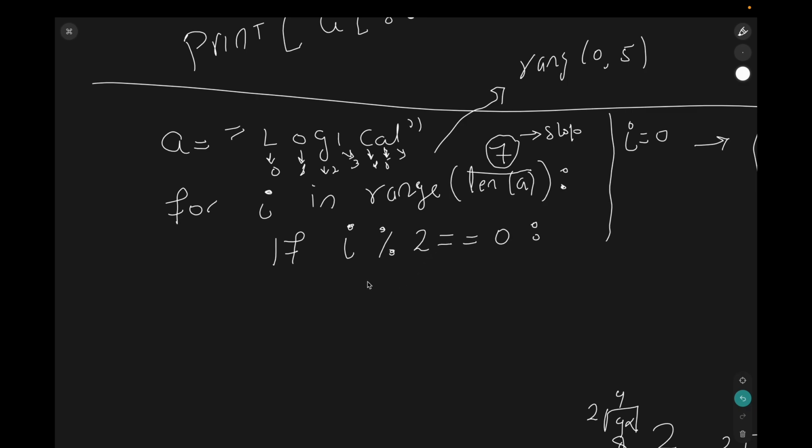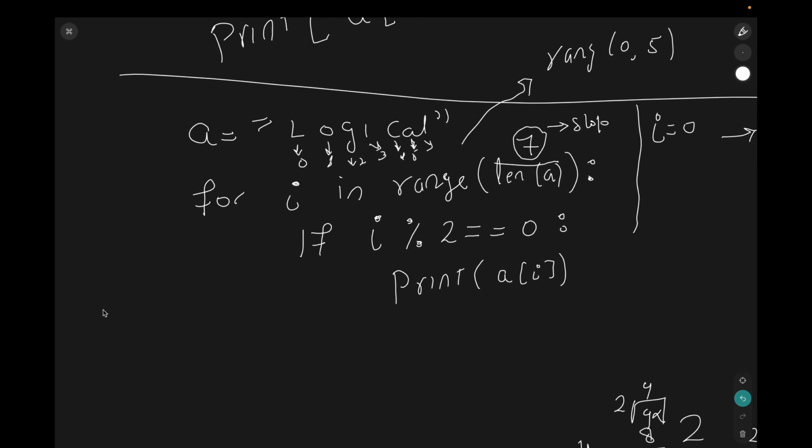So at that time what I'll be doing is I'll be printing the value that is present at that index. So I will say here print a of i, right? Else we'll not be doing anything. Why? Because we just need the even part. The question is not telling us what you have to do with the odd indexes, right? This is the thing here.